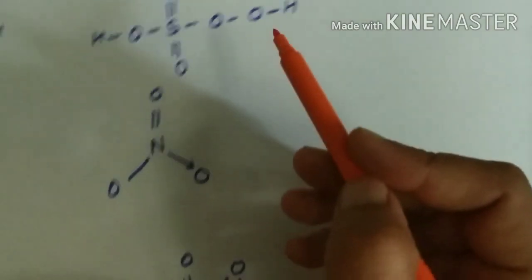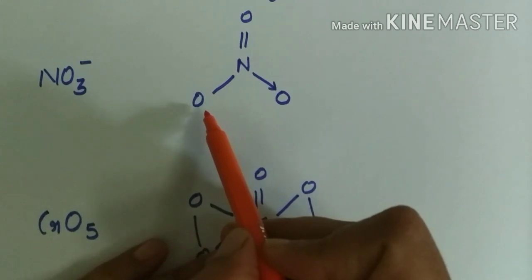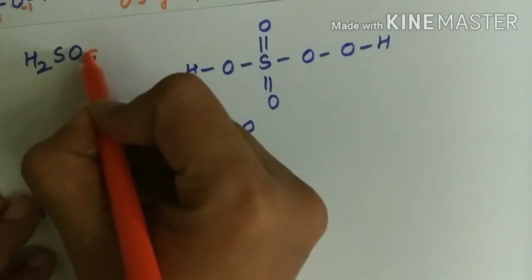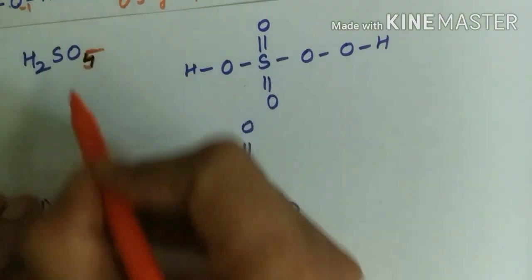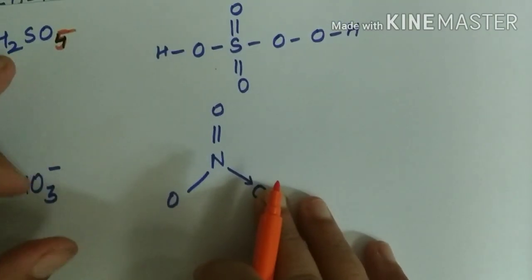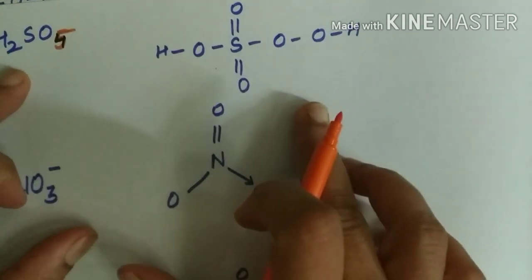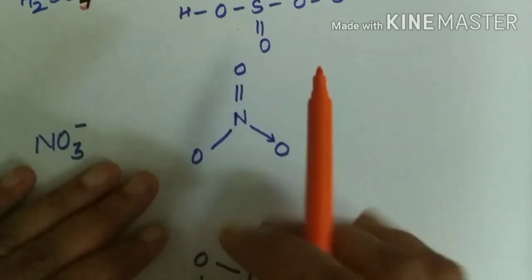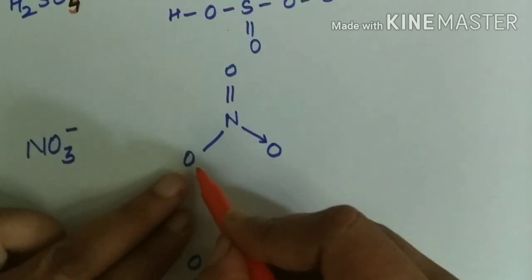This you try yourself. Now the next case we will take is H2SO5. Try to find out the average oxidation state, and also find out the oxidation state from the structure.